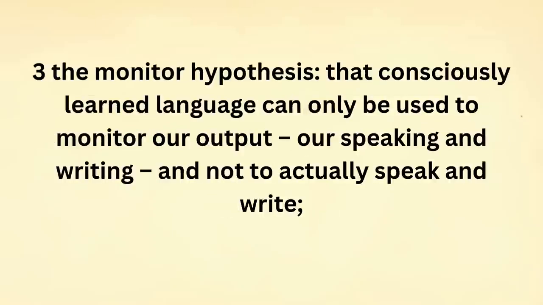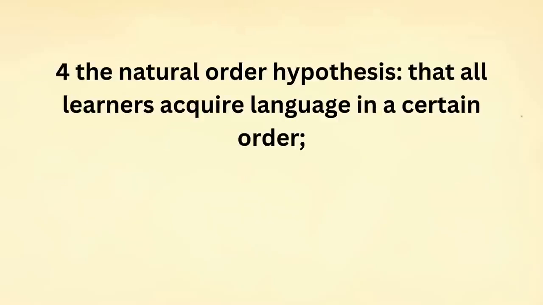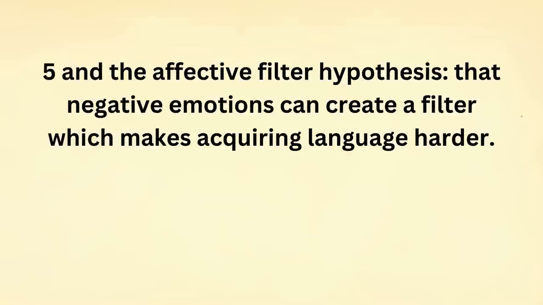The monitor hypothesis, that consciously learned language can only be used to monitor our output, our speaking and writing, and not to actually speak and write. 4. The natural order hypothesis, that all learners acquire language in a certain order. 5. And the affective filter hypothesis, that negative emotions can create a filter which makes acquiring language harder.